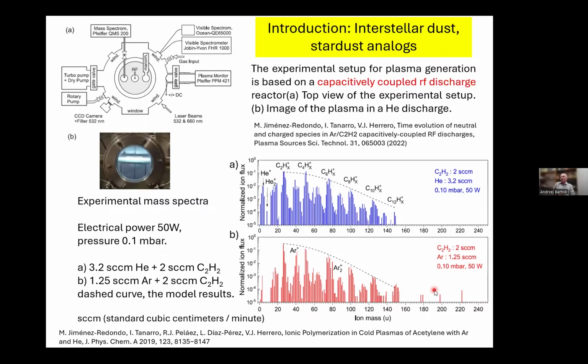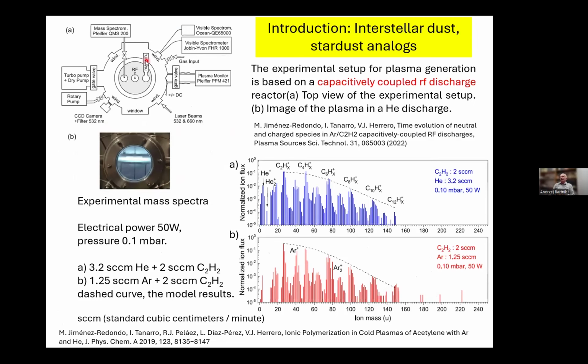And what can be done in a laboratory? In a laboratory, such similar molecules can be formed using, for example, plasma systems. Of course, low temperature plasma systems, because in high temperature plasma there are no molecules.